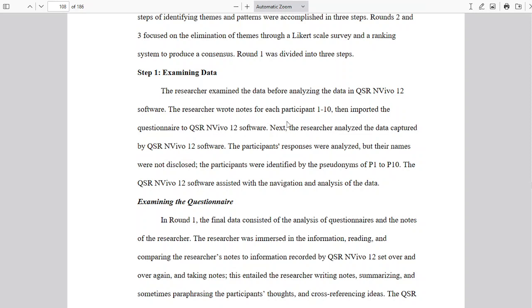I wrote notes for each participant, 1 through 10, then imported the questionnaire to the QSR NVivo 12 software, and I captured the data and analyzed the participants' responses, and the participants were identified by pseudonyms P1 to P10.